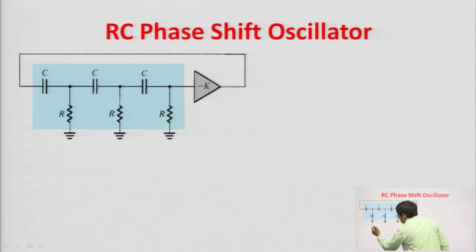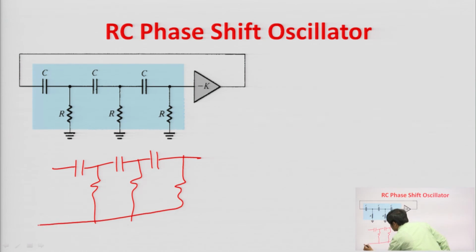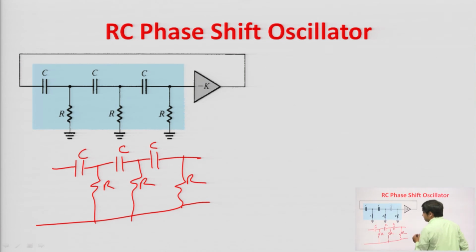I am drawing the feedback network separately just for calculation purposes, just see to it. This one is your C, R, R, R. Now, this is the feedback network, and the input of the feedback network is V0, that is coming from the output, and the output of the feedback network is Vf.